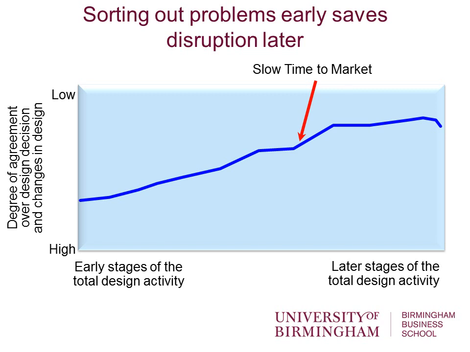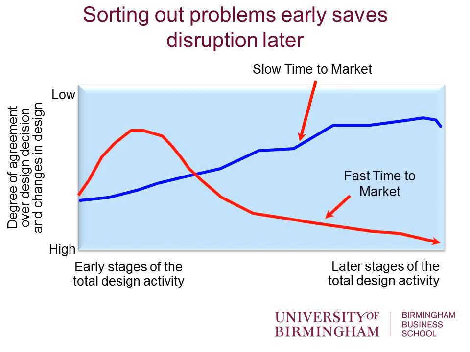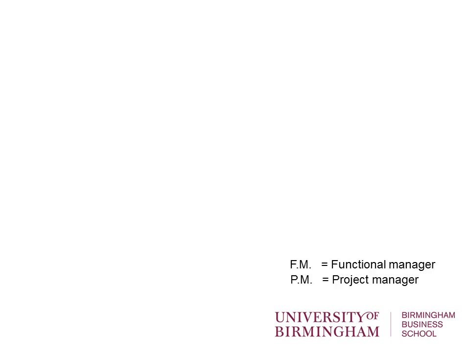You can see a slow process to market means that you have a relatively high level of ability to impact and create design changes over the period of the design process, even in later stages. If you're going quickly to market, you have relatively low ability to alter designs at the early stages, and then you need high agreement as you get closer to market.